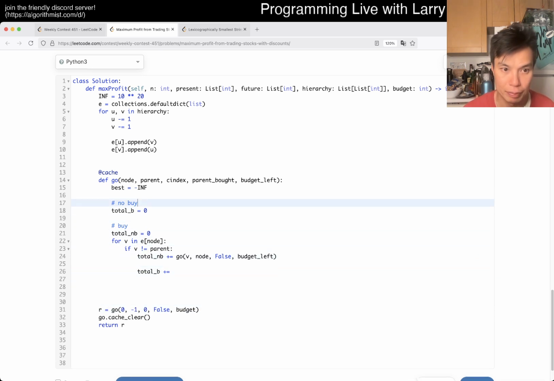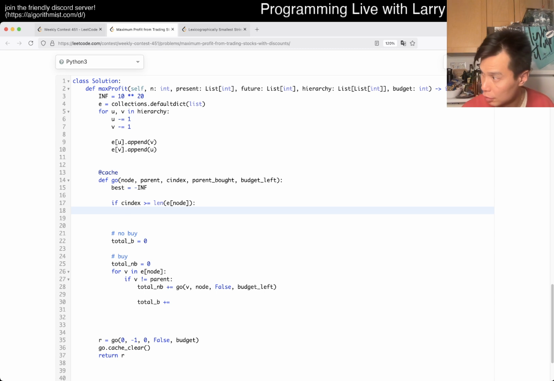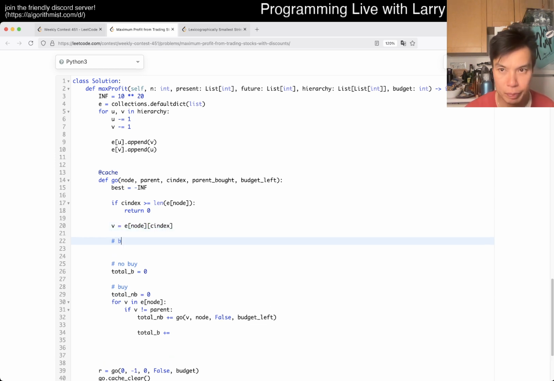We want, okay. So if C index is greater than or equal to length of E node, then we just return 0, right? We made no profit, right? So it's fine. Otherwise, then instead of this, we have V is equal to E node of C index. And then we just buy no buy, right?